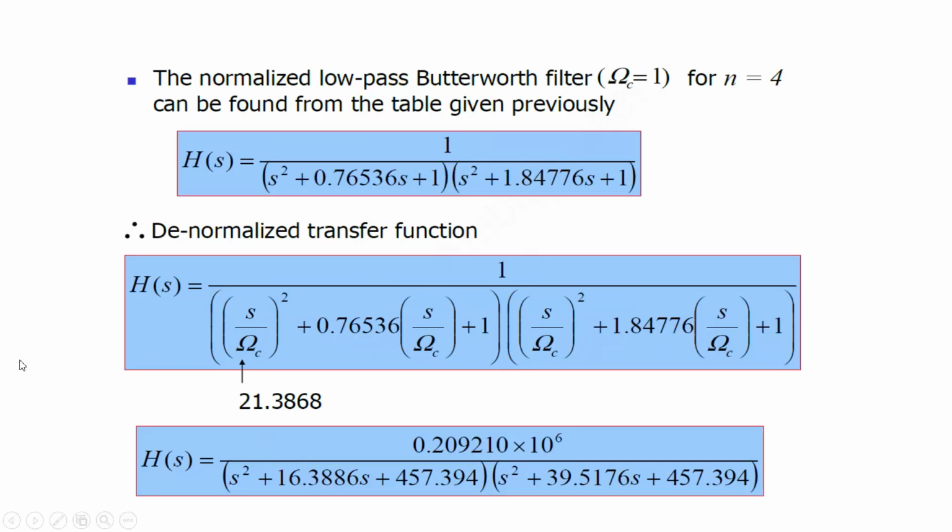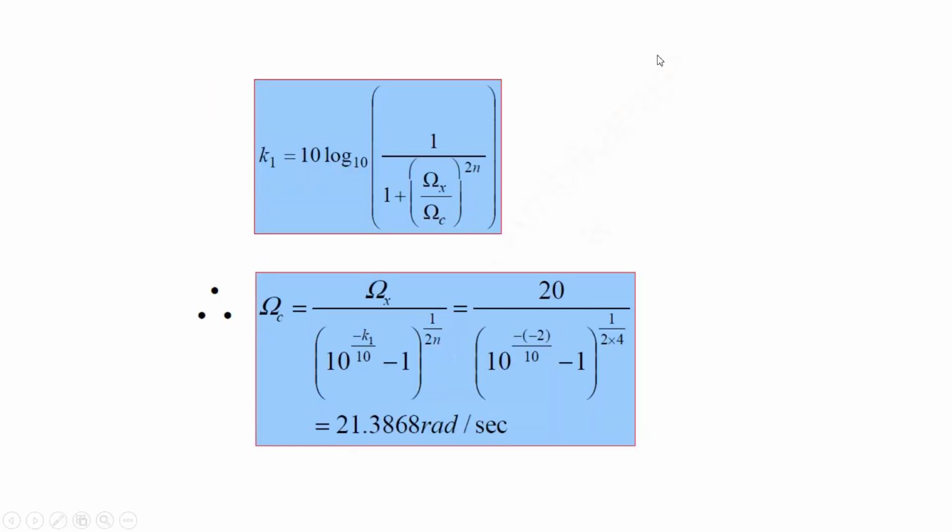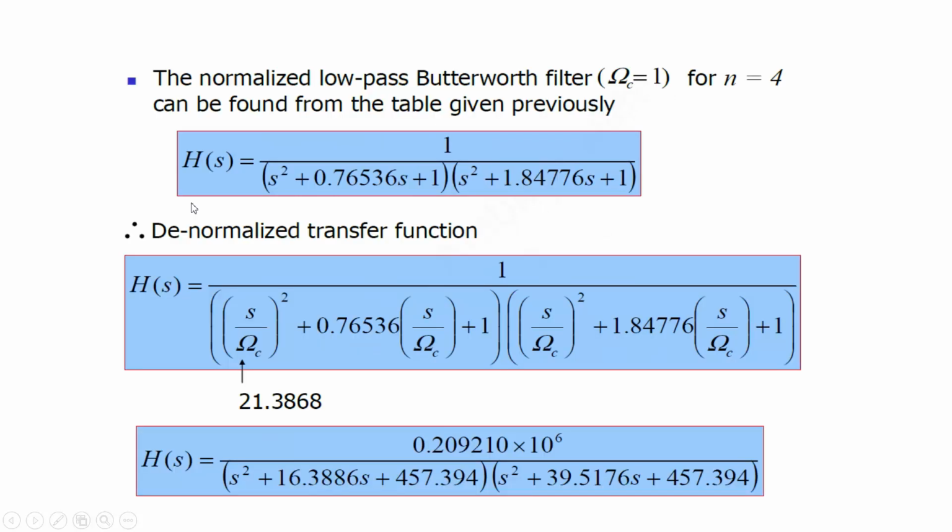And finally, this is my normalized low pass Butterworth filter for omega c equal to 1. For n equal to 1, this is my Butterworth polynomial. For n equal to 4, this is my Butterworth polynomial. This is the normalized low pass filter transfer function. I have already calculated omega c, which is 21.38, right?